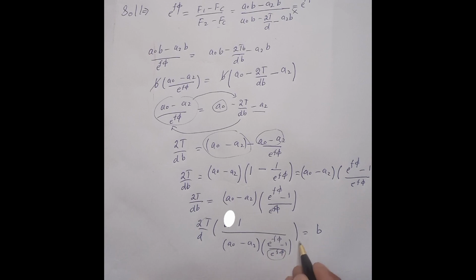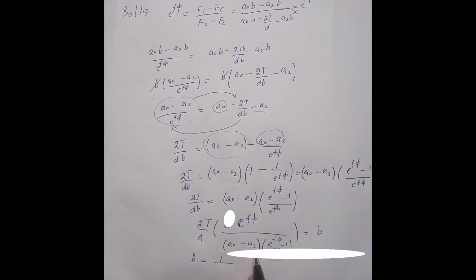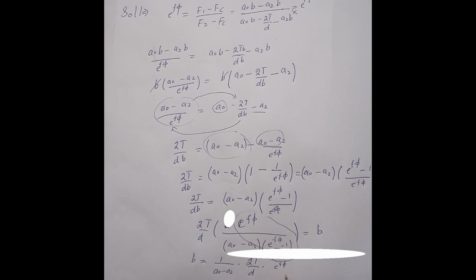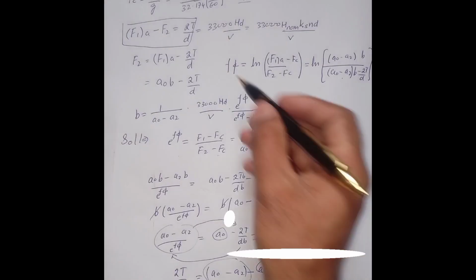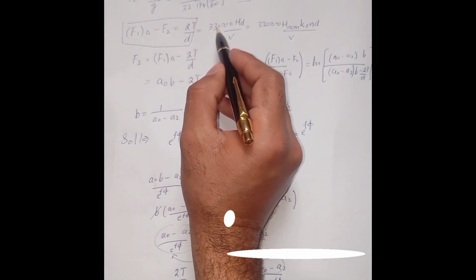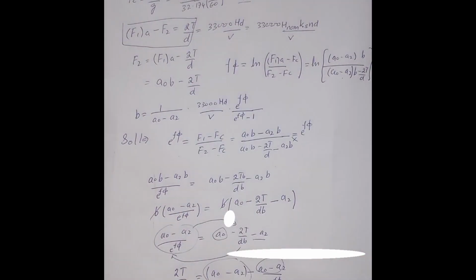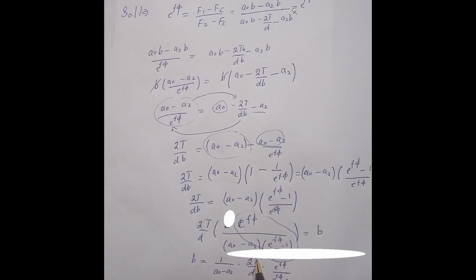This term is going to go to the denominator according to the rule, so put it over here instead. So b is equal to 1 over a naught minus a2 into 2T by d into this. As you know, this 2T by d is equal to 33,000 H d divided by V, so you have to write 33,000 H d by V instead of this 2T by d.